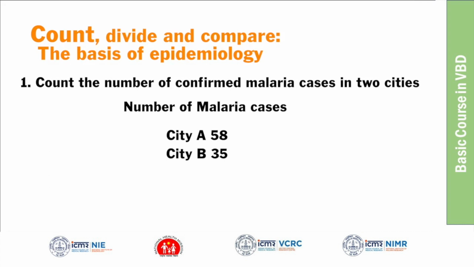For example, the first step is to count the number of cases. Here we have the number of malaria cases in city A versus city B. City A has 58 cases, city B has 35 cases. You may think that city A has more cases as compared to city B, but hold on.